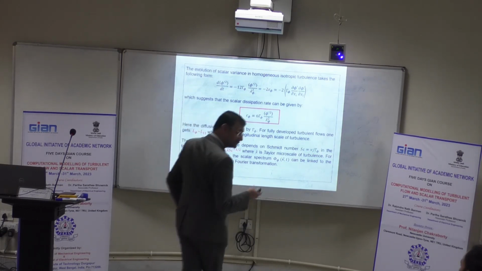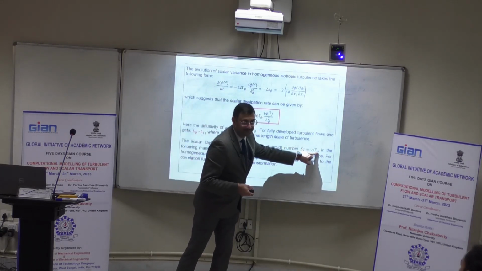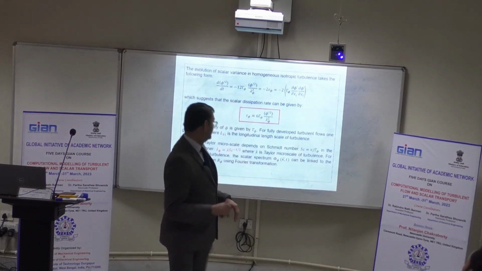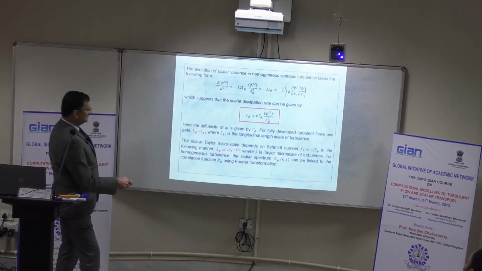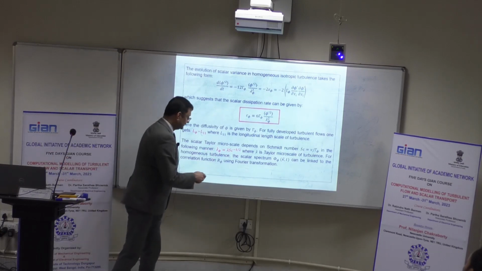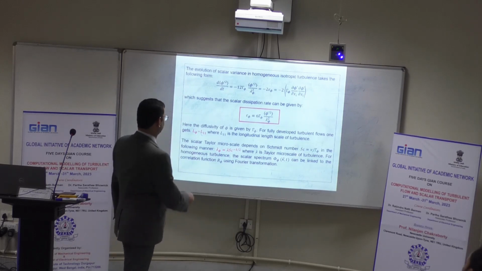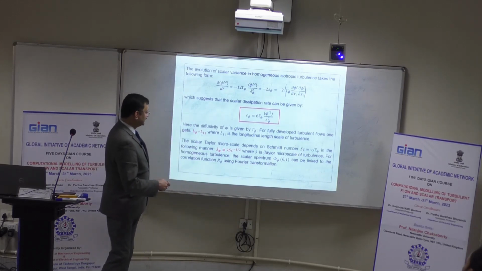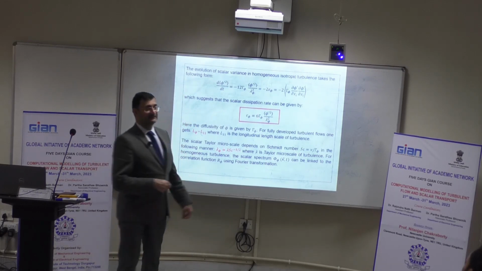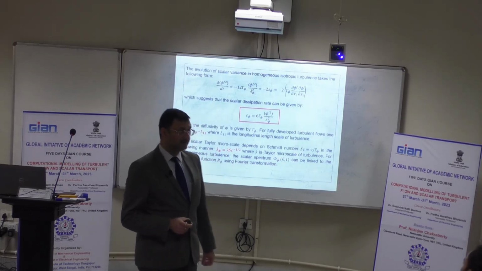If you are thinking in terms of scalar as temperature, then it is going to be the kinematic viscosity, and this one will be thermal diffusivity. It will become the Prandtl number. Clear? So, essentially, the Taylor microscale for scalar is related to the Taylor microscale of turbulence in this manner. Roughly speaking, I think probably one should actually put a scaling sign, because here you have got 6, and in the case of the turbulence, the number is 15. Okay?